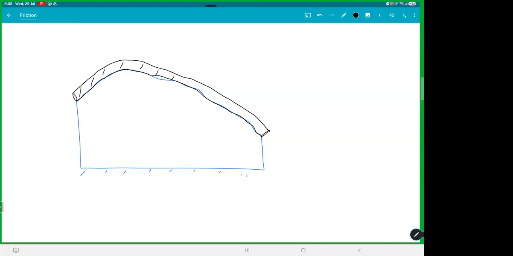I'm not able to draw it properly. So this question will work only when it is on the verge of slipping. Because if you're not on the verge of slipping, you can't say friction is maximum. Then you can't write mu into dn, then you can't solve. The rope must be on the verge of slipping.